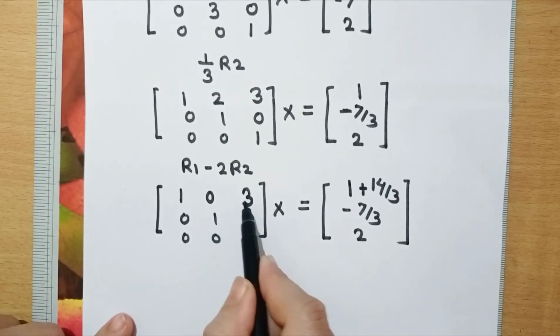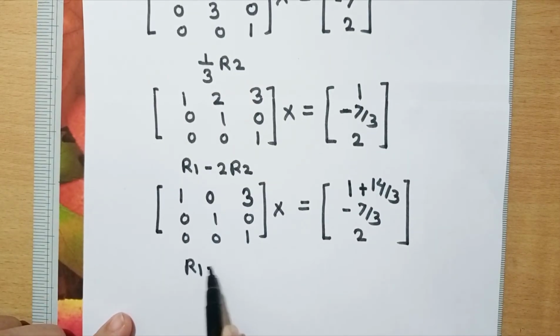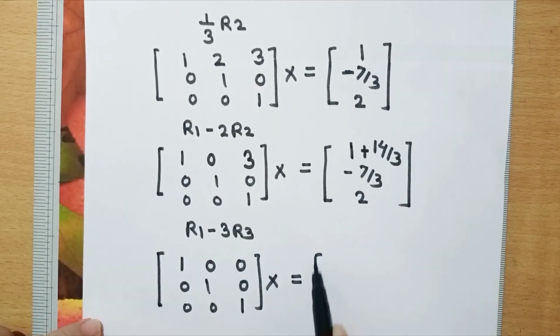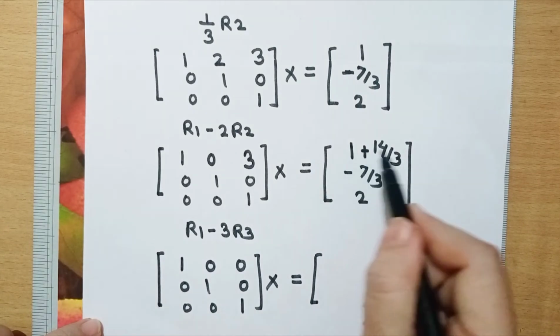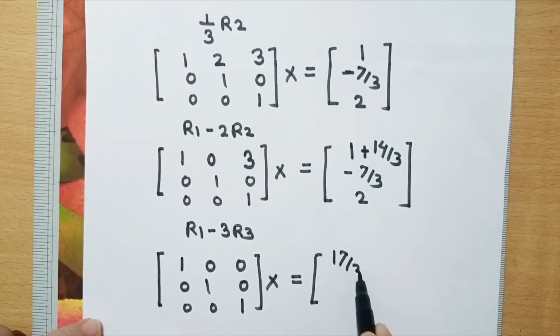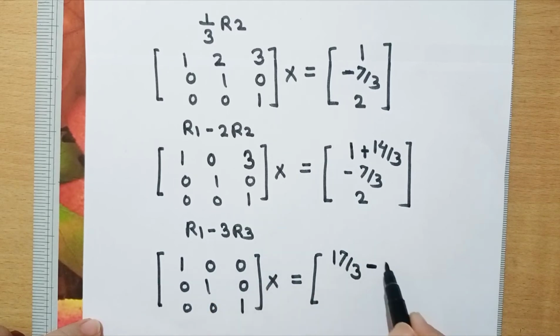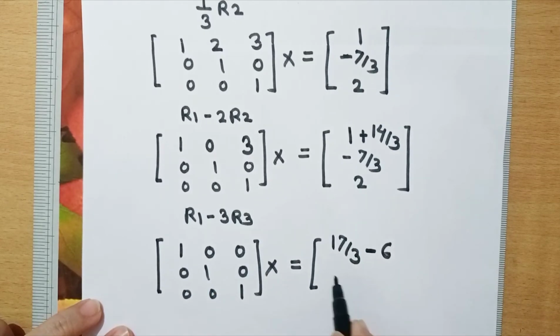And again R1 minus 3 R3, so we will make this element 0, and this is 3 1s are 3. 3 plus 14, 17 by 3, minus 3 R3 means 2 multiplied by 3 means 6, and minus 7 by 3 as it is, this 2 also as it is.